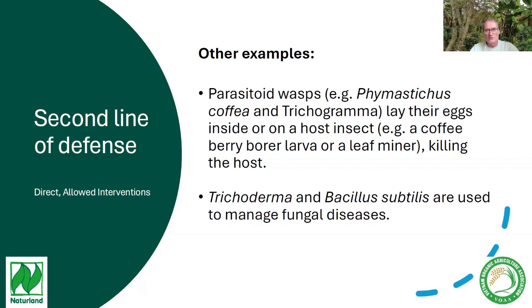We will hear a bit later on the coffee berry borer example, in which countries they have been quite successful. And here you can see other products, like Bacillus subtilis or Trichoderma, that are used in organic farming and also are allowed to be used. They may also manage fungal diseases, not only pests. So fungal diseases can also be managed with microbial substances.